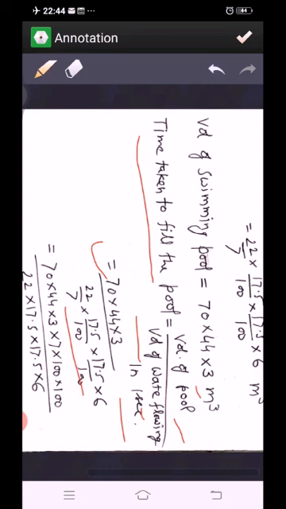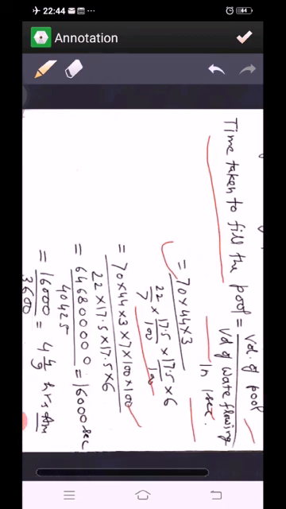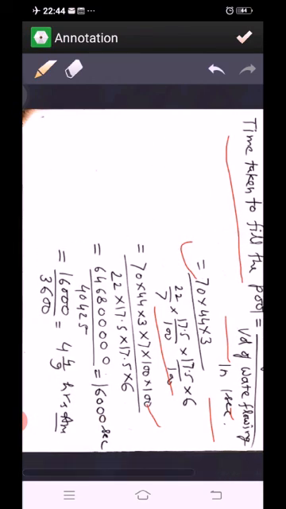Now this 7 into 100 into 100 will come up and the remaining will be at its place. Solving this on calculation, we get a total of 16,000 seconds. We will change this 16,000 seconds into hours, divided by 3600. So we get 4 whole 4 by 9 hours.